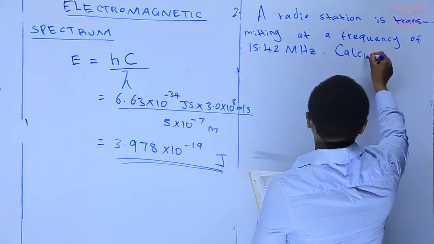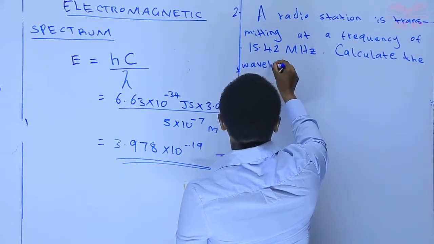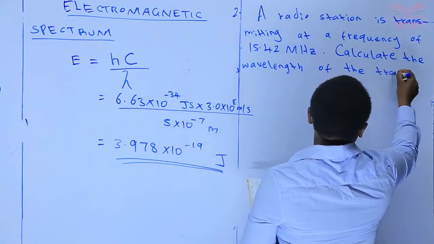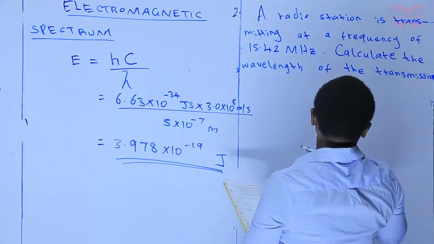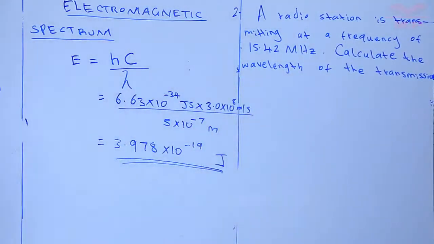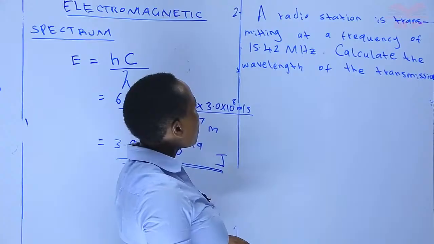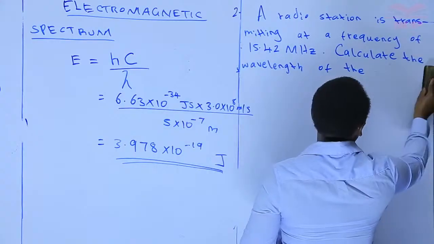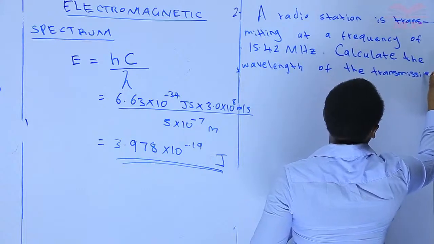We are told to calculate the wavelength of the transmission. So that is what we have as our question. We are told that a radio station is transmitting at a frequency of 15.42 megahertz. Calculate the wavelength of the transmission.